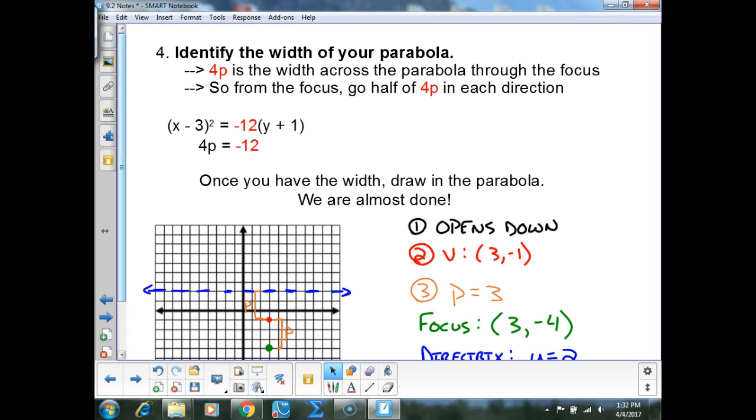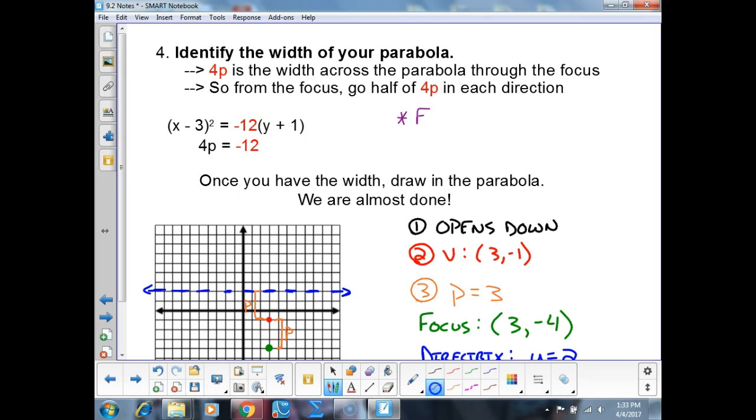Step number 4 says identify the width of our parabola. The width of our parabola is 4p wide through the focus.